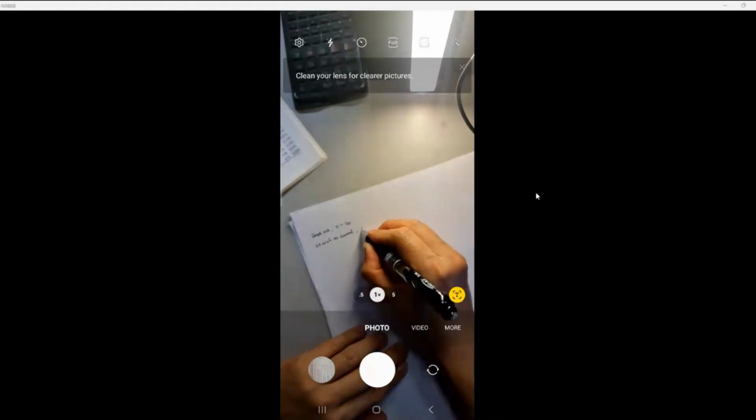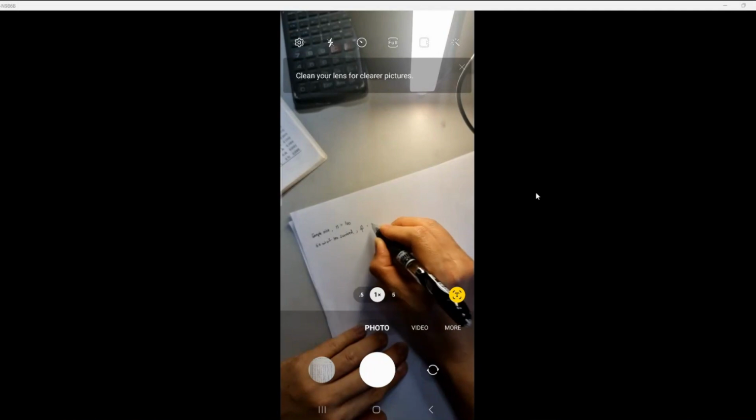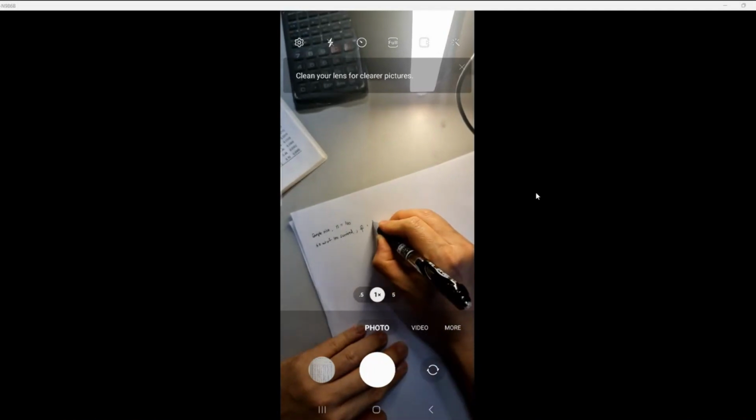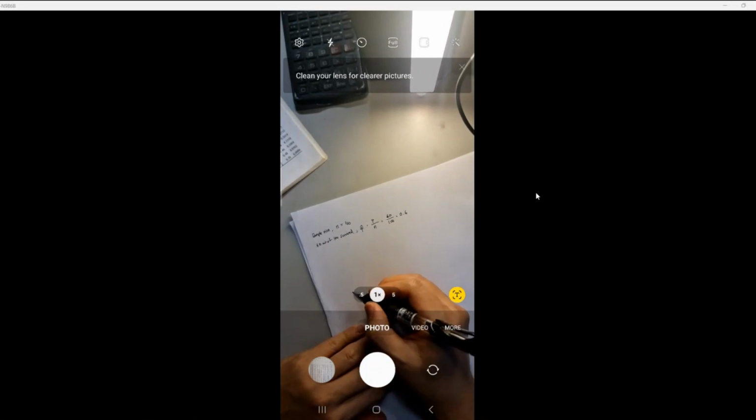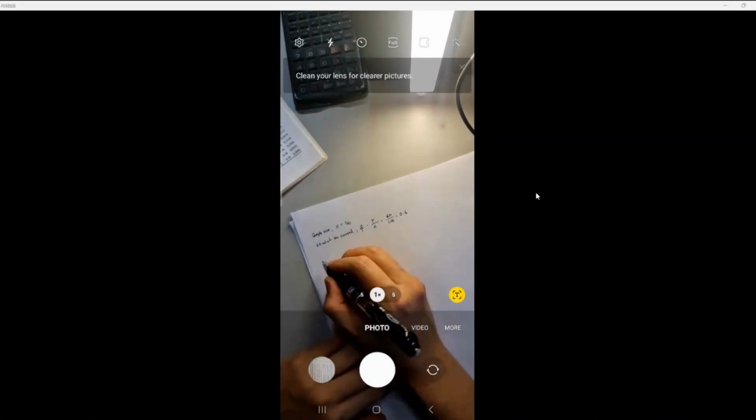Thus, the point estimate will be P divided by N, 0.6. And then it says the proportion of survivors, the population.